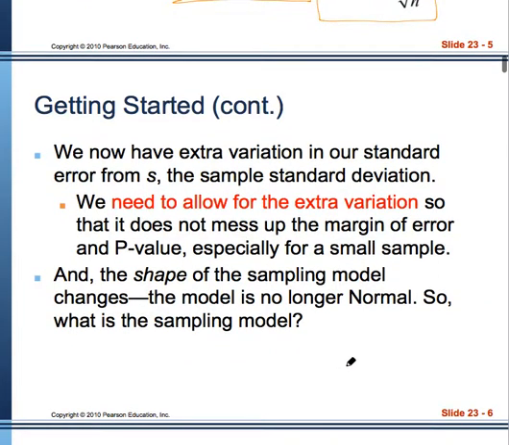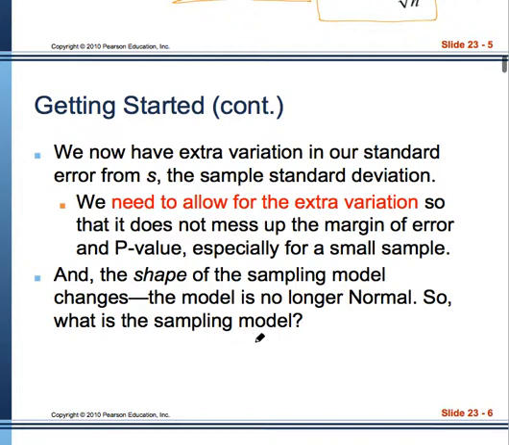Okay, so now we have more variation than we did originally. Okay, and we have to allow for that extra variation, and we don't want to mess up the margin of error too much. If we have a very small sample, that sample statistic is going to be very much off from what the population standard deviation is.